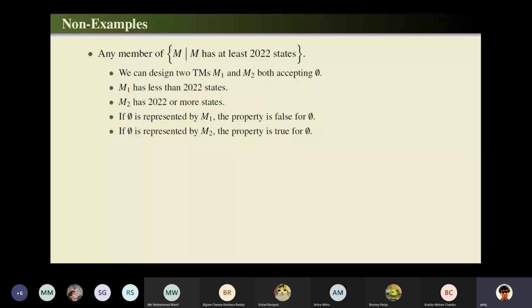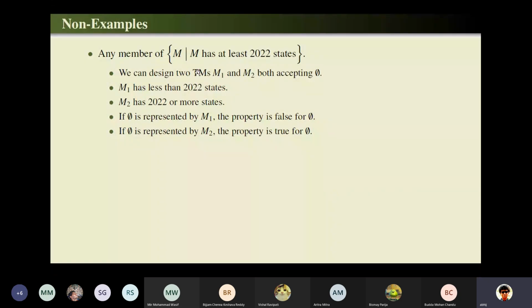Of course, there may be certain languages for which whatever Turing machine you design, it will have to have 2022 states, and for that language this property may make sense. But it should make sense for any RE set, in particular, for example, phi, sigma star, and things like that.